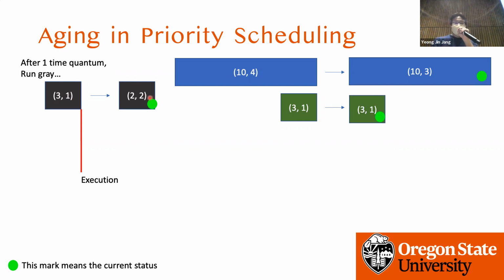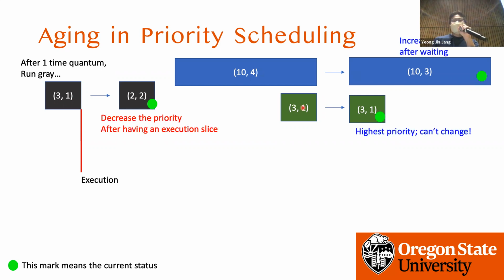Then for the processes waiting in the waiting queue, we will not decrease the running time because we did not run these jobs, but we increase the priority from 4 to 3. For priority 1, it is the highest one, so we cannot change it: 1 stays 1. Something like this.